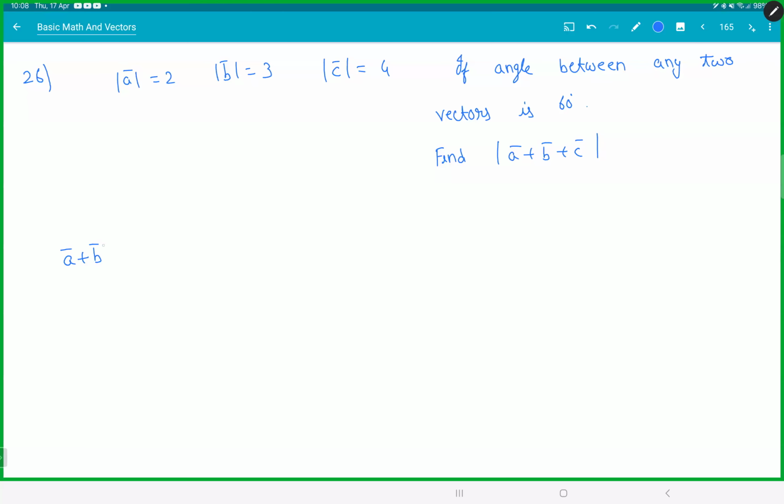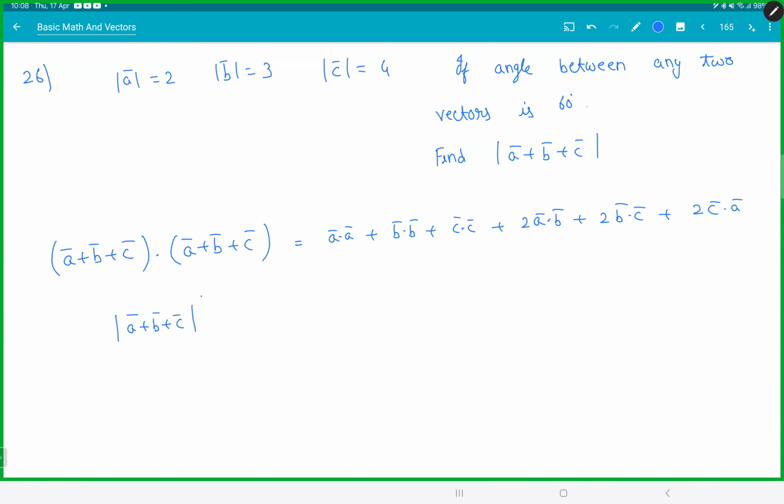So A bar plus B bar plus C bar dot A bar plus B bar plus C bar. If I multiply this, you'll get A dot A, B dot B, C dot C. You'll get 2 times A dot B. Remember, this is not A into B, this is A dot B, plus 2 times B dot C plus 2 times C dot A. The left-hand side is mod of A plus B plus C squared.